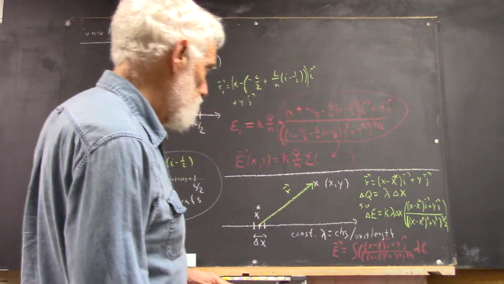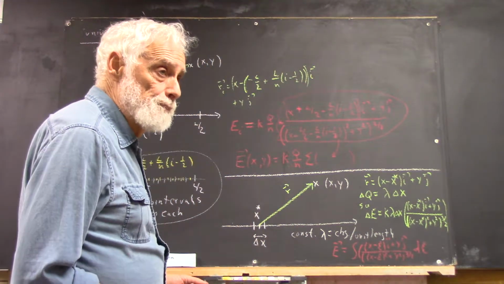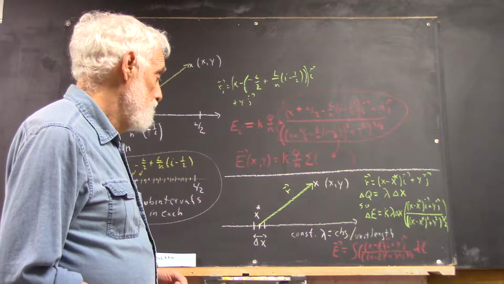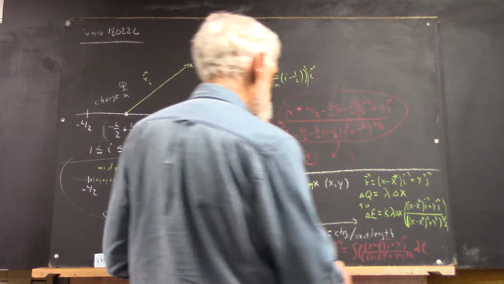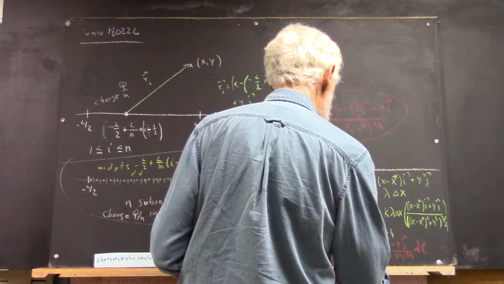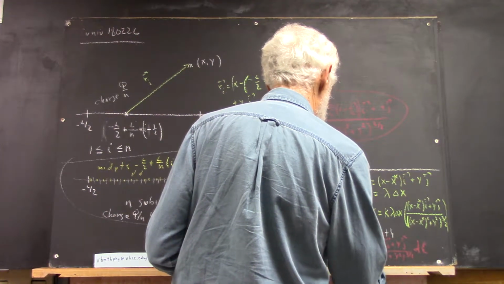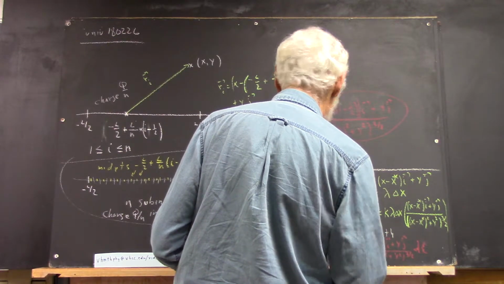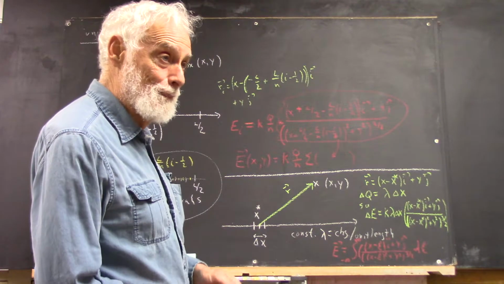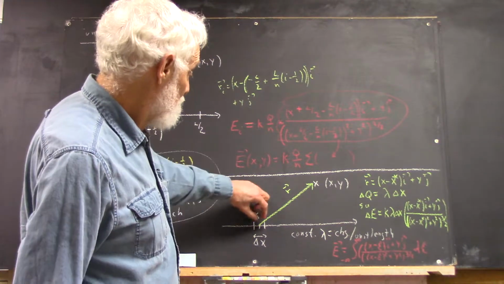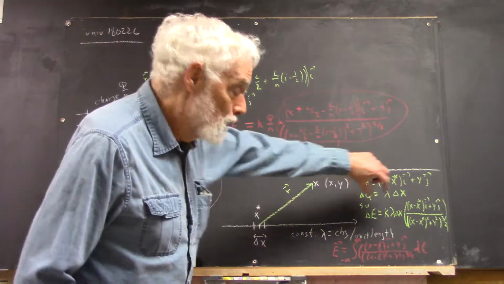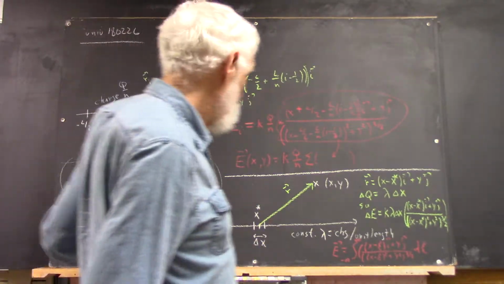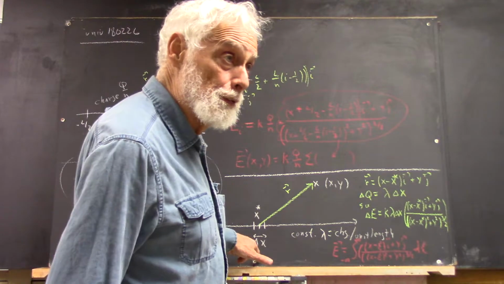And what are our limits? Negative infinity to infinity, because the x-axis runs from negative infinity to infinity, right? We partition the entire x-axis into subintervals.